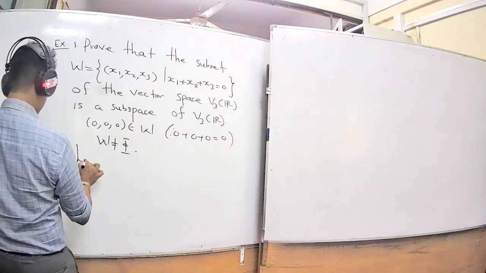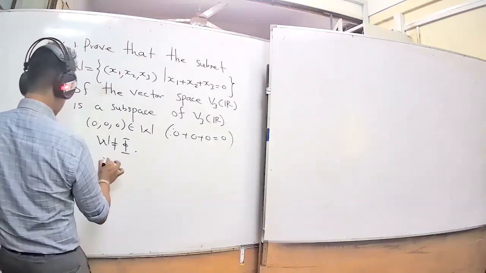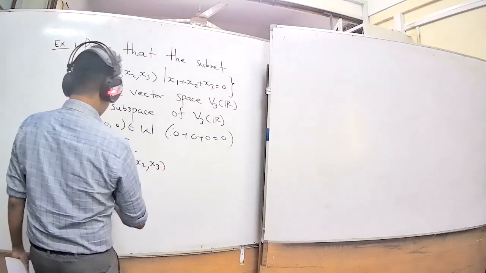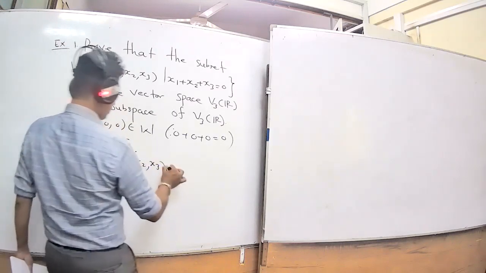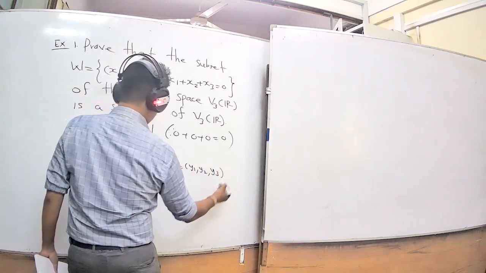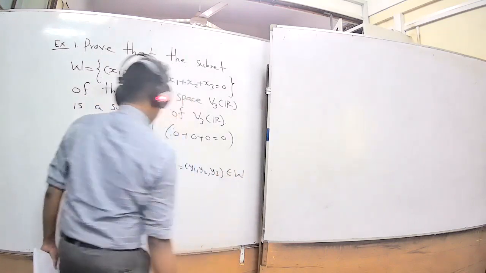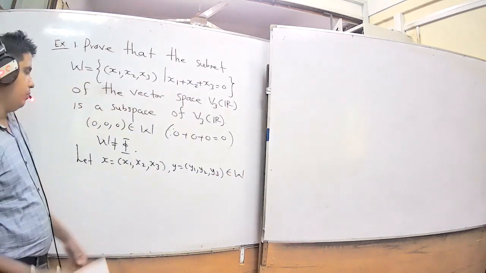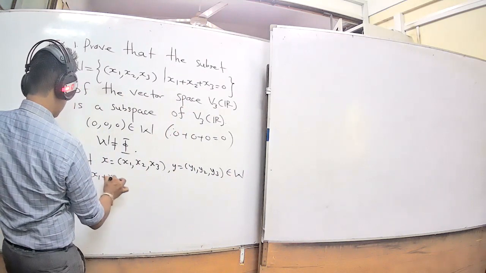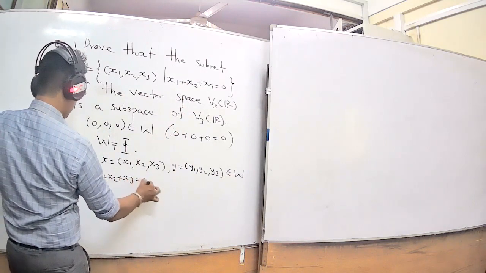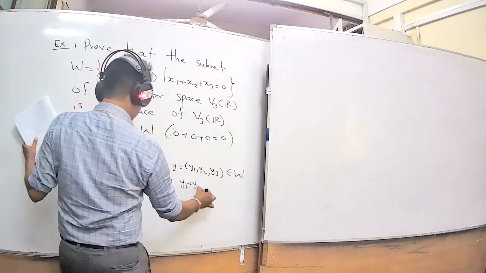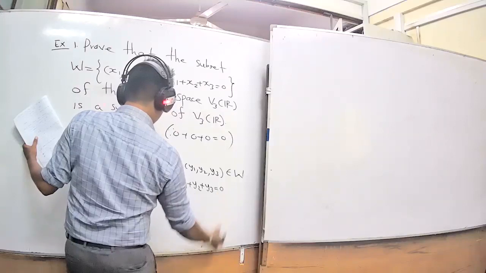Now take vectors x equal to (x1, x2, x3) belonging to W, and similarly y equal to (y1, y2, y3). Both belong to W, which means they satisfy the condition: x1 plus x2 plus x3 equals 0 and y1 plus y2 plus y3 equals 0.